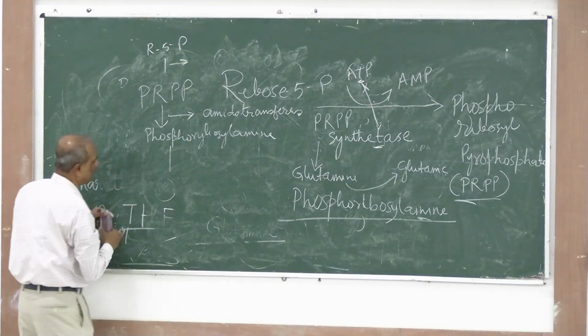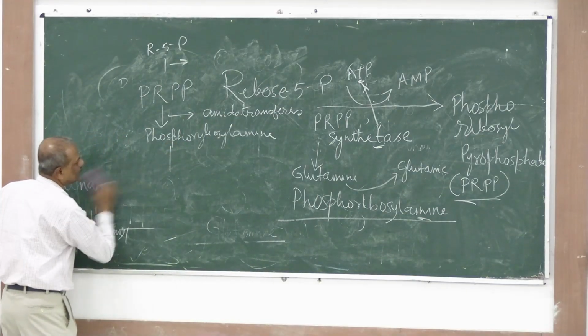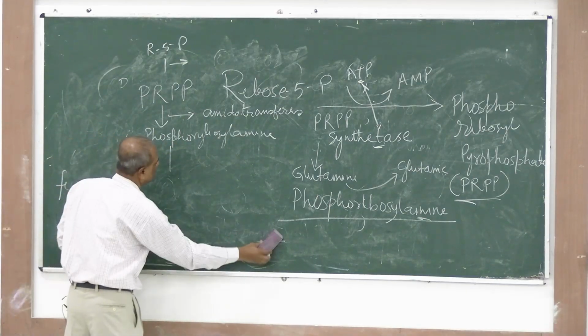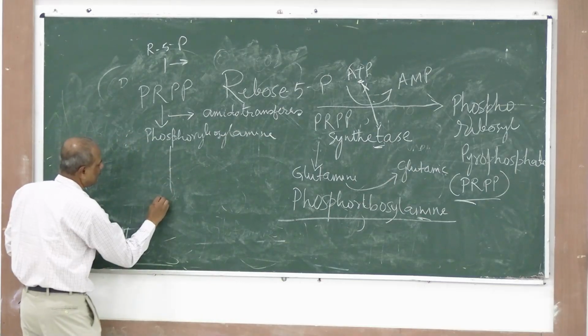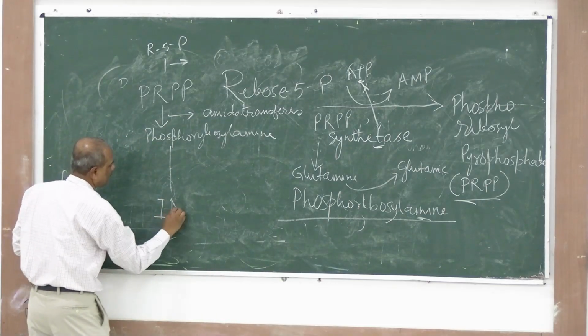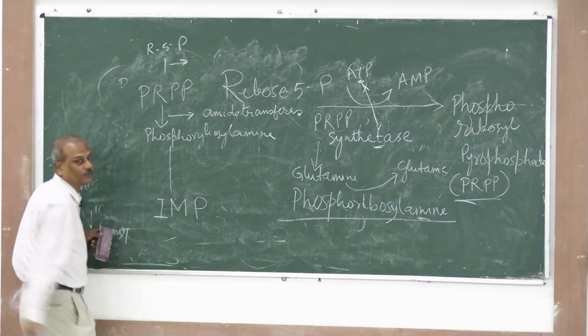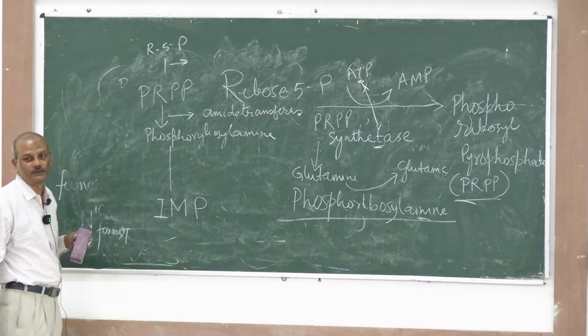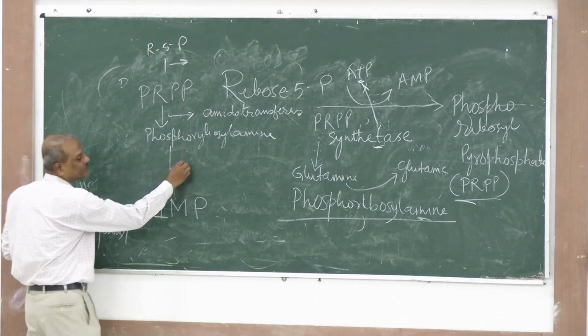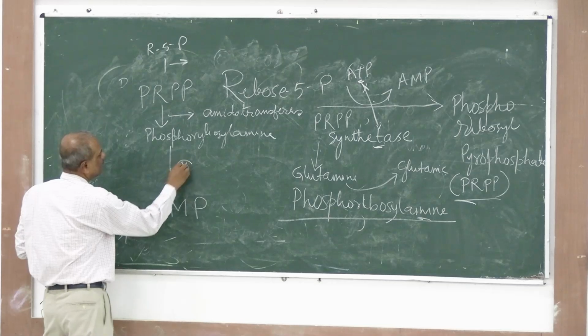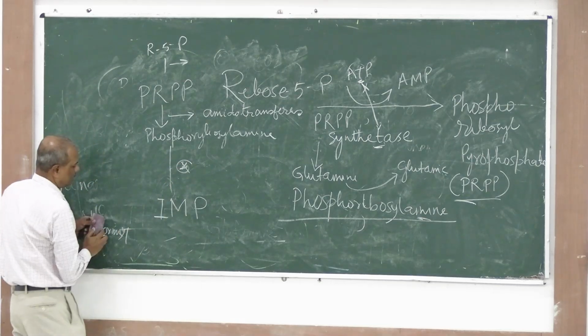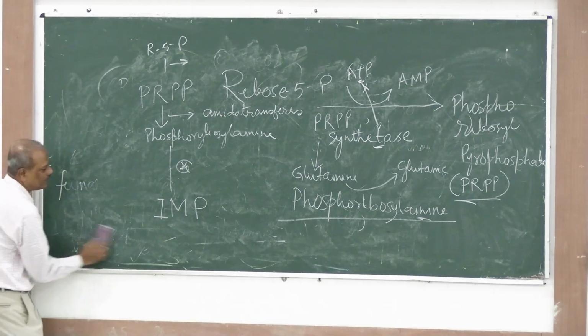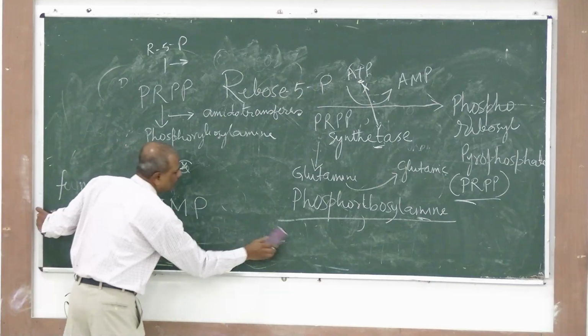And then from here, another 9 steps are there totally. Finally, IMP, that is inosine monophosphate, is formed. So there are a number of steps. This is an overview I am telling you. I am not going into the detail.